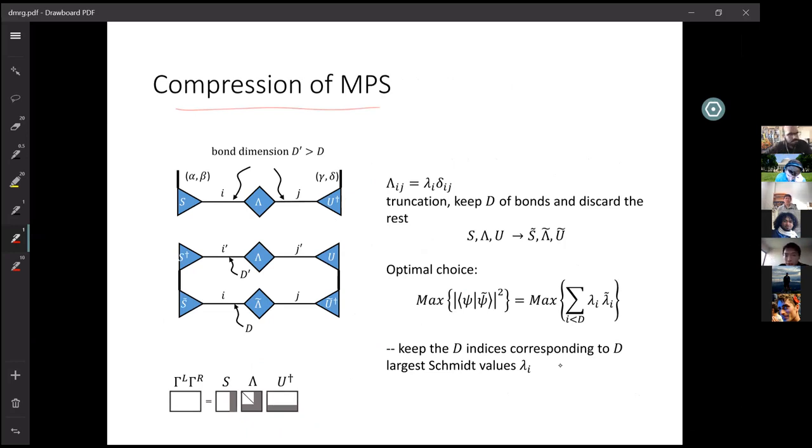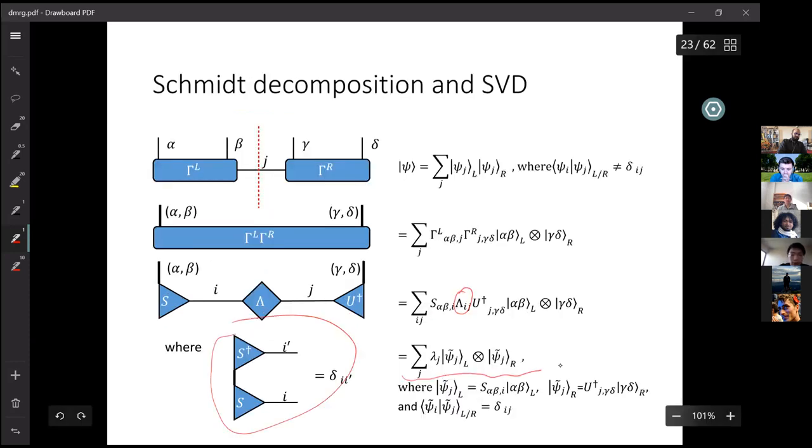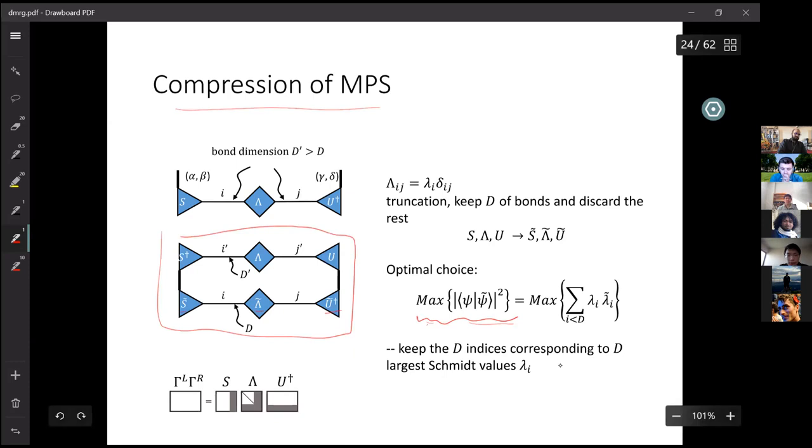All right, with this, we can think about how to compress the matrix product state. Just a reminder, the ultimate purpose we want to achieve is to maximize the inner product between the state before and after compression. So we write down this expression using tensor network language. Here S tilde, lambda tilde, U tilde are truncated. From this picture, because we are using this property, the two triangular tensors can be replaced by a directly connected line.